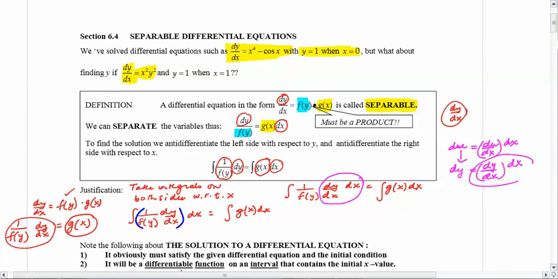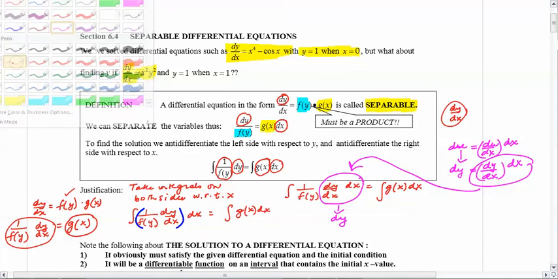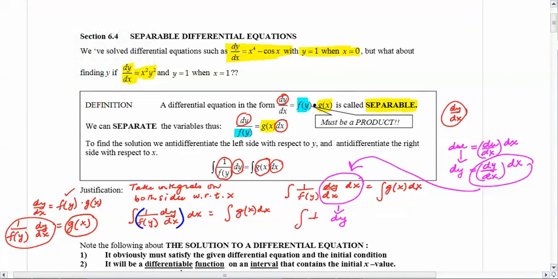If you look, there is that dy/dx dx, and that is the same as dy. So what we have is that the integral of 1 over f of y dy is equal to the integral of g of x dx.